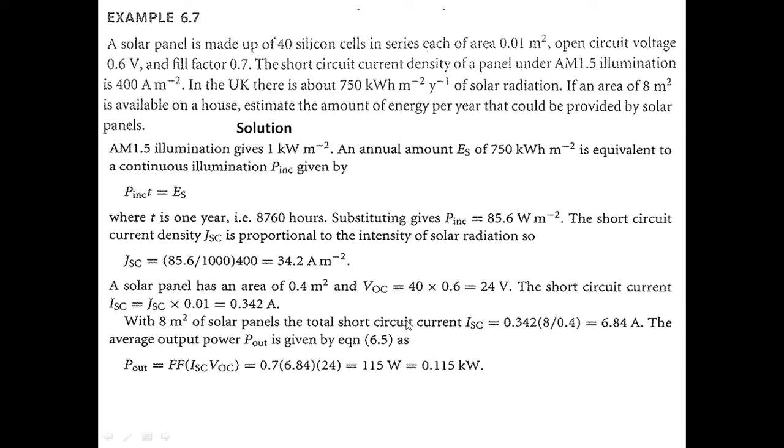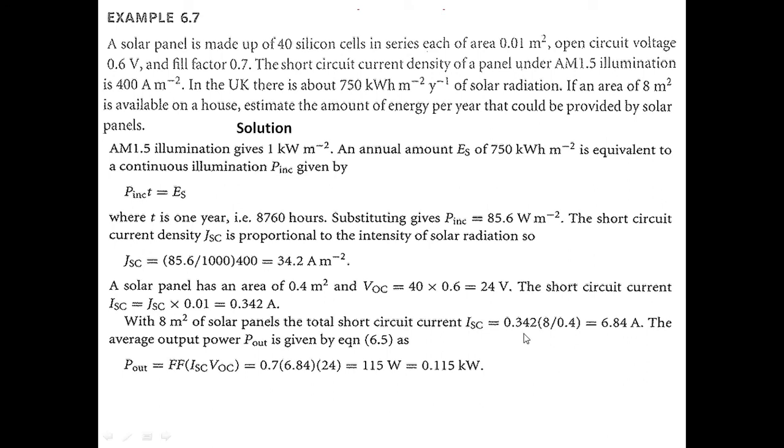If I have 8 meter square of area available, I will cover it with how many solar panels of 0.4 meter square? Similarly, the current in that case will be adding up, multiplied by the number of cells that I have covered.